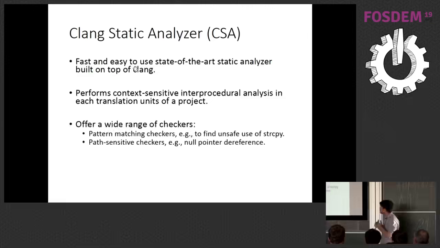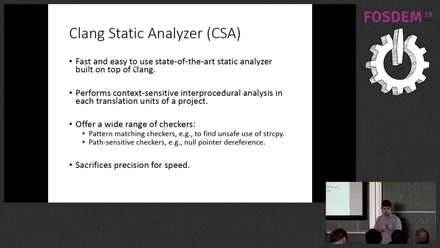And it offers a wide range of checkers. You have pattern matching checkers, for instance for the use of unsafe APIs, and path-sensitive checkers, which are the checkers that I worked on in this project. They look at the paths and see if a property violation is triggered in that path. Null pointer dereference is one example I'm going to show you in a bit.